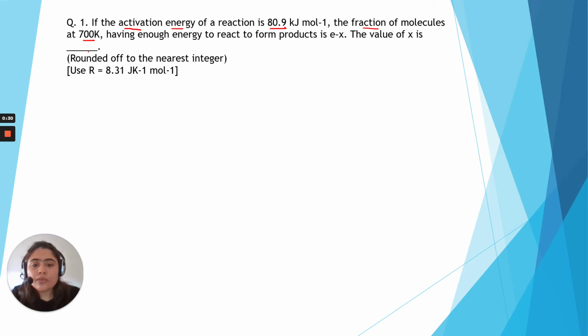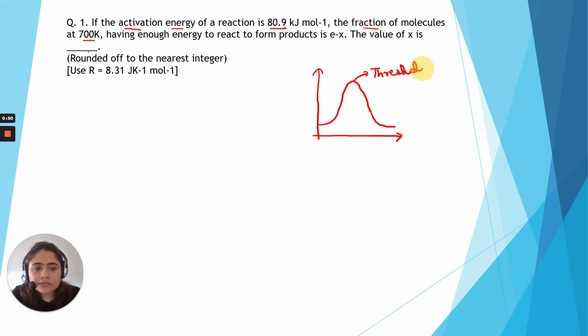Now first we'll understand what this activation energy is. If we consider the energy of reactants, the reactants must have a minimum amount of energy to undergo effective collision and react to form the products. So that minimum energy is known as the threshold energy.